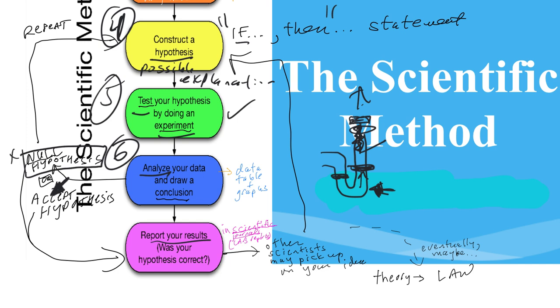Now, scientists, when they do experiments, they communicate their results in lectures that they present to the scientific community, maybe other teachers at their colleges, or they publish it in a scientific journal or magazines, professional magazines that professional scientists and students read.